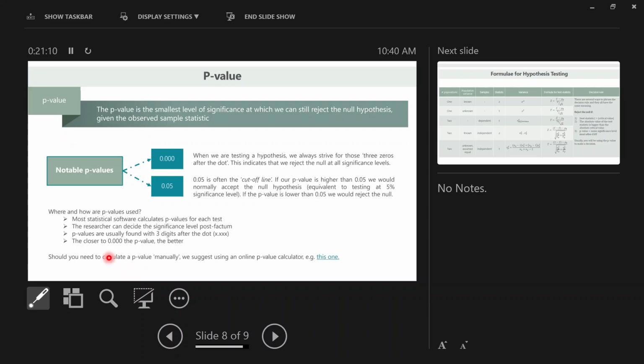If you want to calculate the p-value manually, of course we have softwares that calculate. If you want to calculate manually, you can. There's an online calculator here. If you click this, it will take you to a certain page. But in most cases, a software, even Excel, will give us the p-value, so we are able to reject or accept.